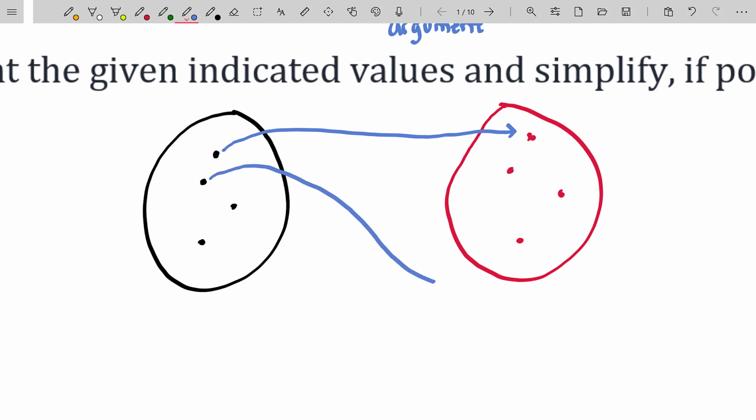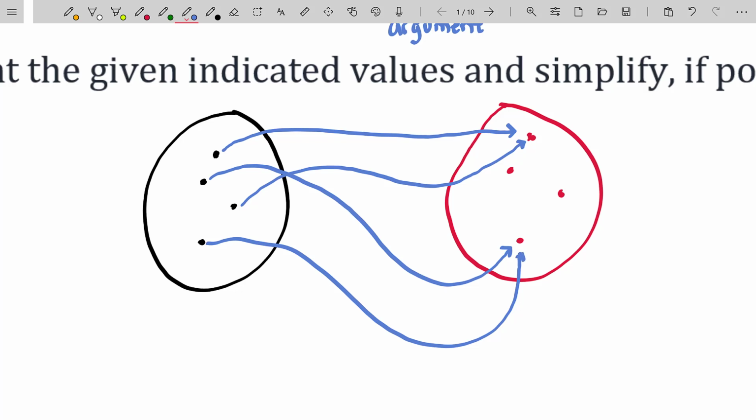This black dot can only lead to a single red dot. So each black dot, each input, leads to a single output.